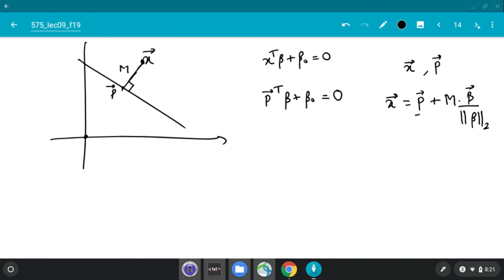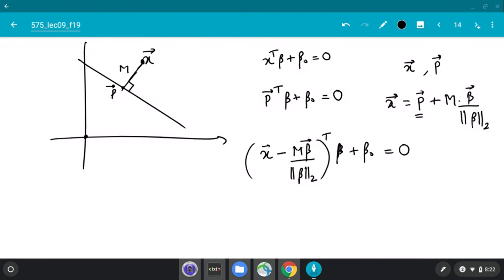And so we can substitute for P over here to get x minus m beta divided by norm of beta, times beta, plus beta naught is equal to 0. Maybe I should put the transposes: x transpose beta minus m times norm of beta plus beta naught is equal to 0.